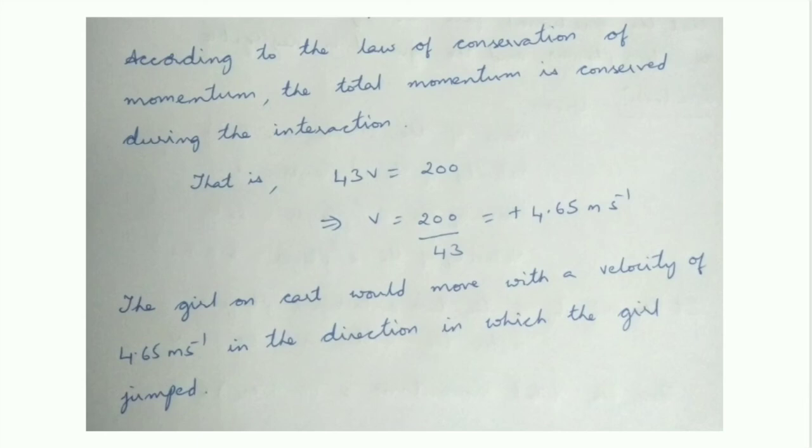This implies v equal to 200 by 43, that is equal to plus 4.65 meters per second. Here the positive sign shows that the girl on the cart would move with a velocity of 4.65 meters per second in the direction in which the girl jumped.